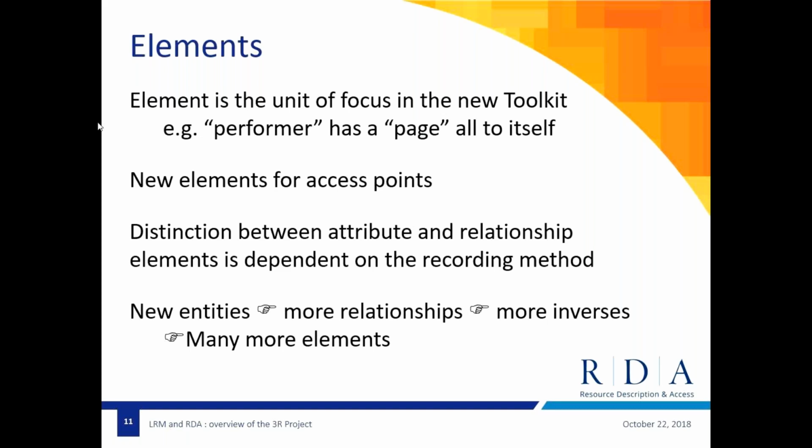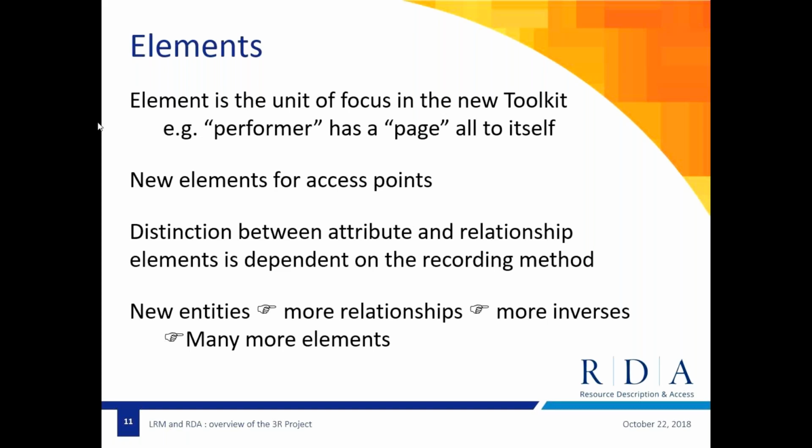The LRM and the needs of modern retrieval systems mean that we've tried to provide a more equal approach to entities. And we have refined the granularity of the toolkit down to the element. So I call it the unit of focus. The element is really the holistic piece.